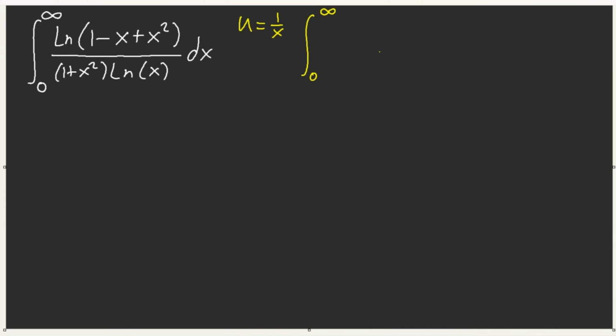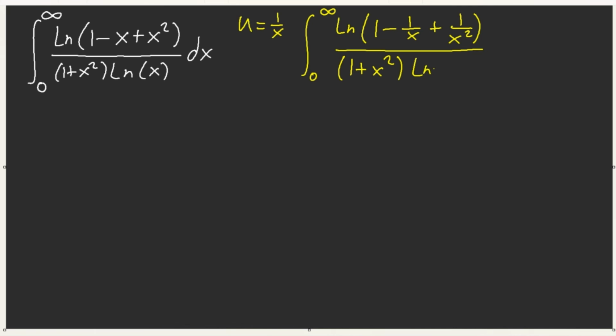Then we get 1 minus 1 over x plus 1 over x squared. Again, I don't know what I'm doing, I'm just experimenting to see what's going to happen. When I have x squared, I know it's going to come right back as 1 plus x squared, and then ln of 1 over x dx. Okay.